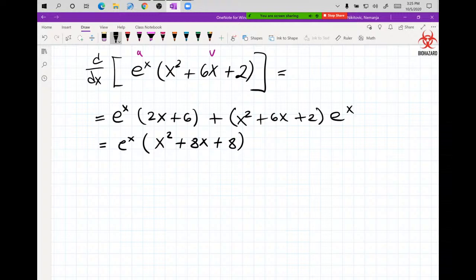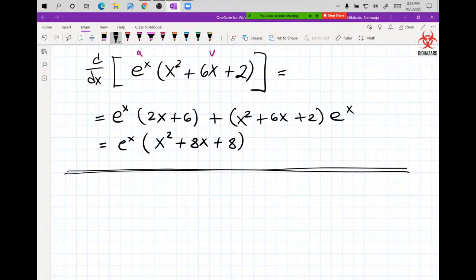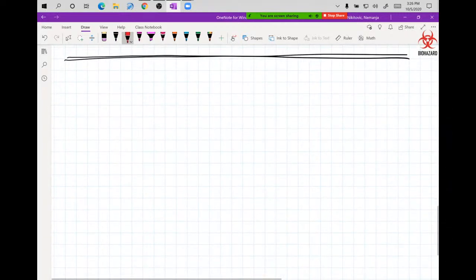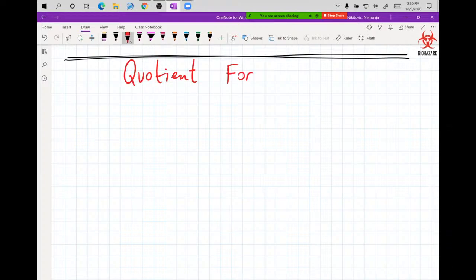Now, once we learn the quotient formula, interesting problems arise. So let's take a look at the quotient formula. And that one is the derivative of f of x divided by g of x.